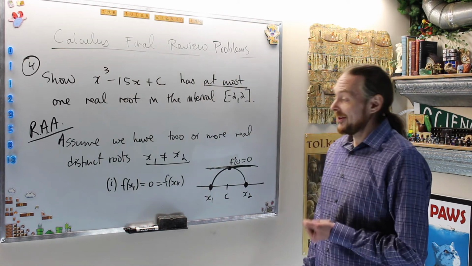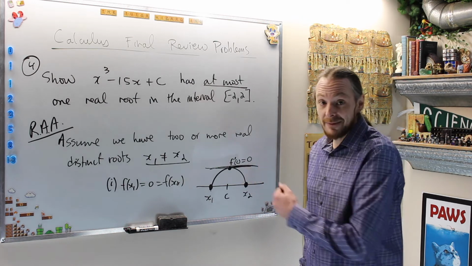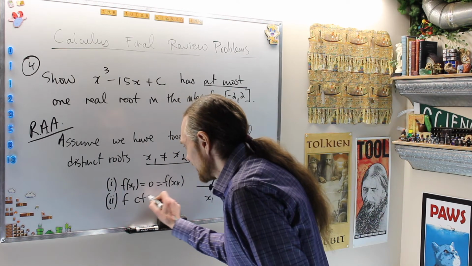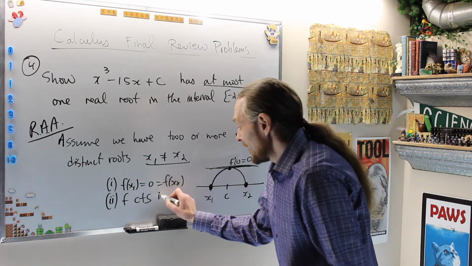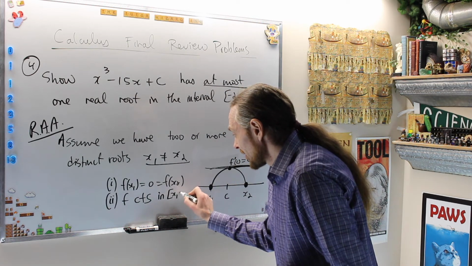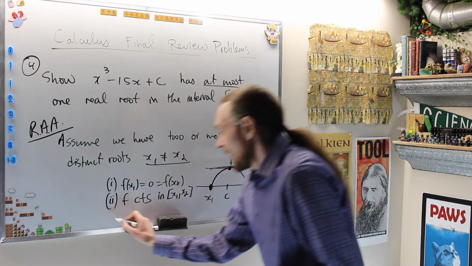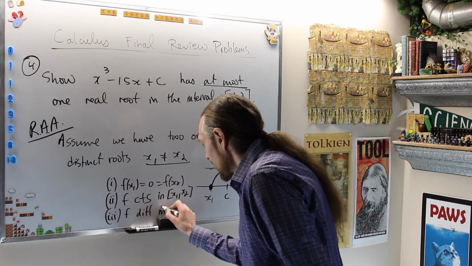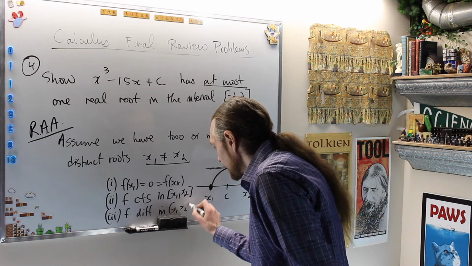They're both 0 for my function because I've assumed I have two of them. Second, f has to be continuous in the closed interval x1, x2. And third, f has to be differentiable in the open interval x1, x2.